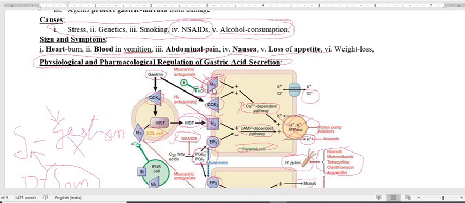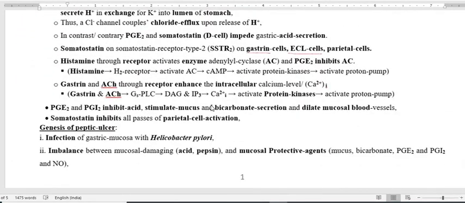This is the receptor for the parasympathetic nervous system, that is the muscarinic receptor, and because of the drug binding with this receptor, acetylcholine is not able to produce its physiological function to participate in synthesis of hydrochloric acid. And this is not very much in use.